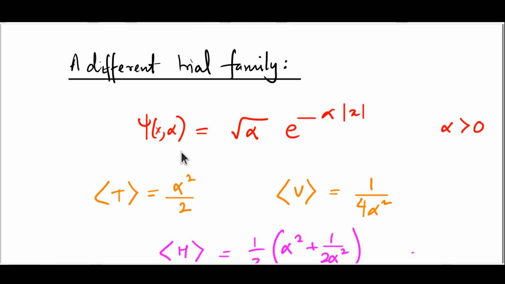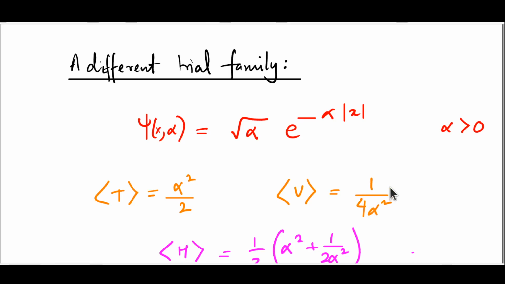You can actually use the integral of d2 psi dx2 times psi star, treating the delta function that you get carefully, to get the result for the expectation value of T, or you could use the integral of mod d psi dx squared, which will avoid this infinite singularity in the first place. In either case, the integrals involved are really very simple and you end up with alpha squared by 2 for the expectation value of T and 1 by 4 alpha squared for the expectation value of V.